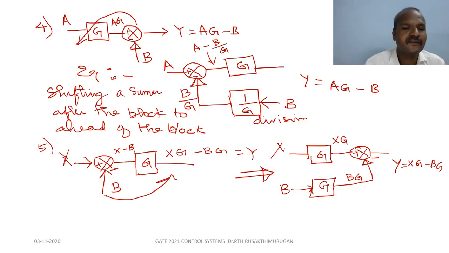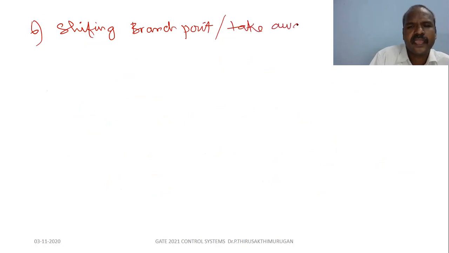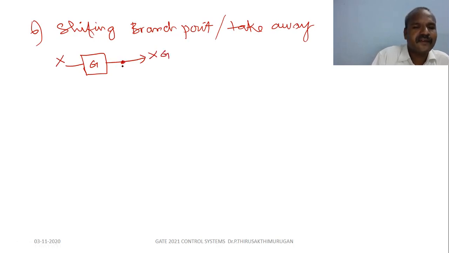Similarly, when we shift a take away point, also called a branch point. Say for example, the block is here, whose gain is G, and X is the input. So we get XG as the output. We are taking the value away.